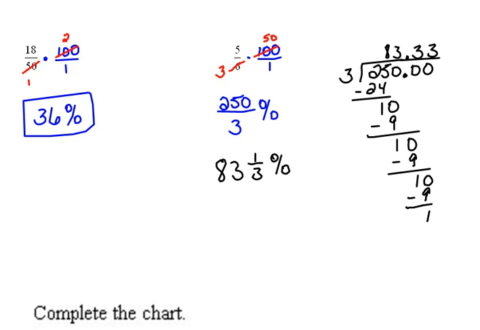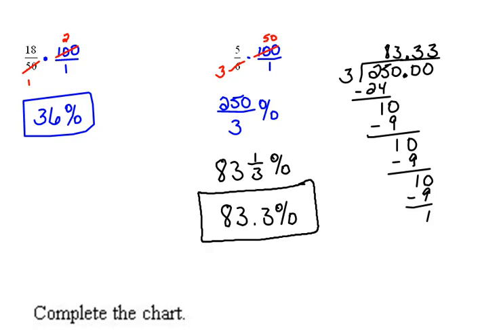And now we can stop because 83.33 rounded to the nearest tenth would be 83.3%. So this is what our answer is that we're looking for. But just keep in mind that you could write that same thing as an improper fraction percent or as a mixed number percent. It works all different ways.